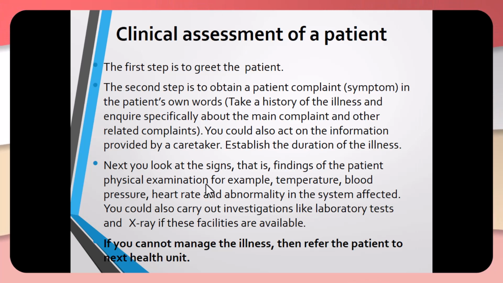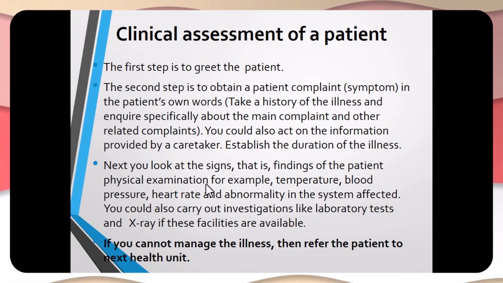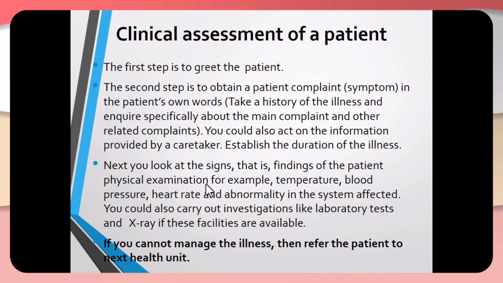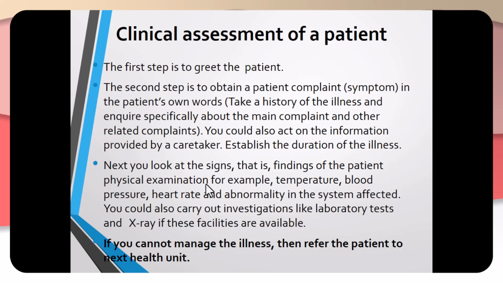Next, you look at the signs, that is findings of the patient's physiologic examination. For example, their temperature, blood pressure, heart rate, and abnormalities in the systems affected. Okay, you could also carry out investigations like laboratory tests and X-ray if these facilities are available in your health facility.